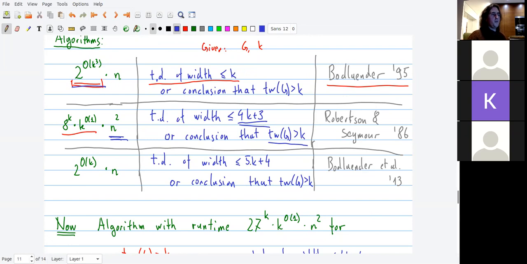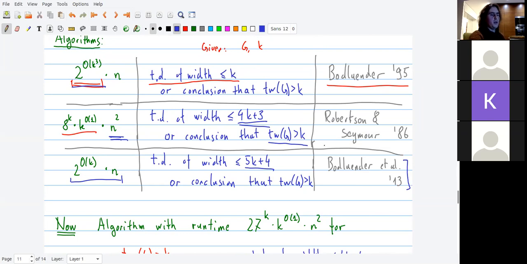By having a 5-approximation, you can have the best of both worlds. So you can have a single exponential dependence on k and linear time with respect to n. However, this algorithm from 2013 is significantly more complicated than both of them.